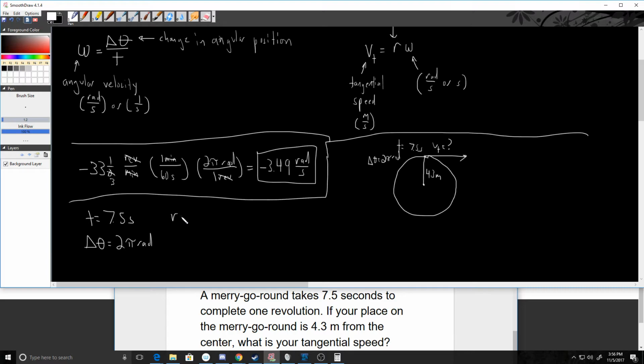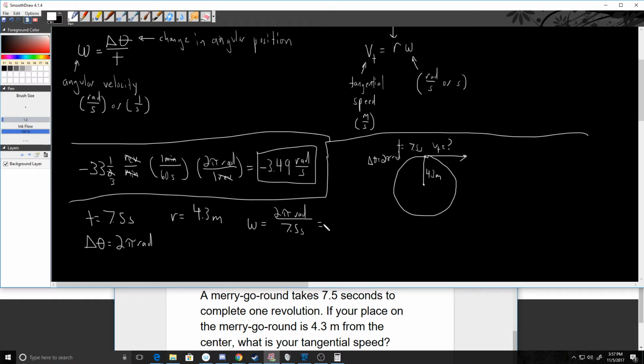I know that the radius, how far away I am from the middle, is 4.3 meters. The first thing we need to do is figure out angular velocity. Angular velocity is equal to the change in angle, 2 pi radians, over the time, which is 7.5 seconds.